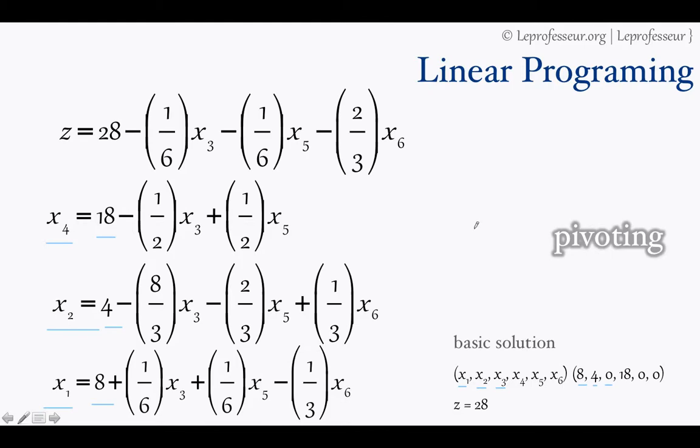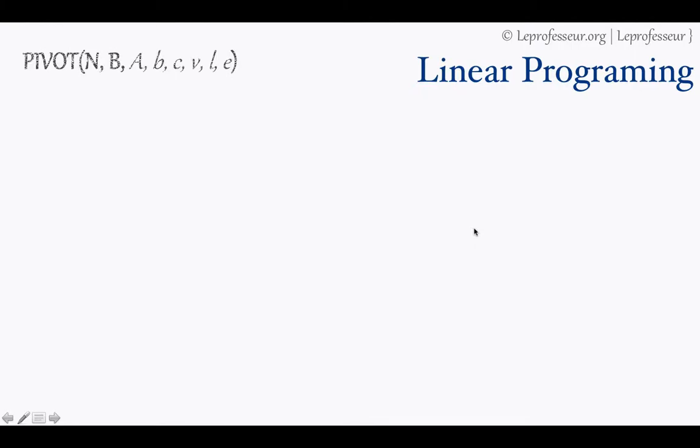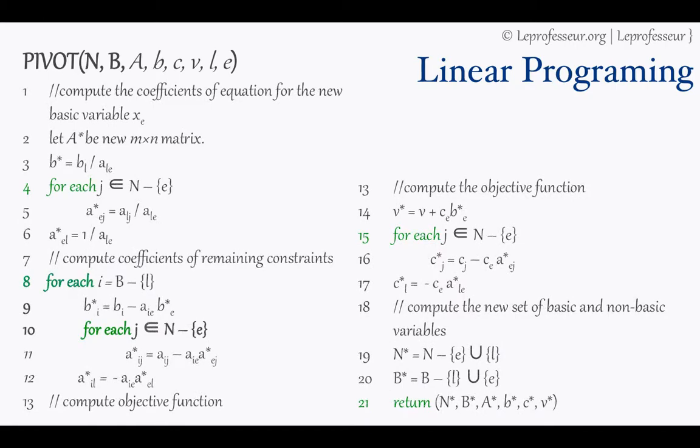Now let's talk about the algorithm. The pivoting step is important, and once we have that pivot step solved, we can use that subroutine for pivoting in our simplex algorithm. So let's talk about pivoting. Very simple. What we did so far, this algorithm is doing the same thing: first compute the coefficients of the equation for the new basic variable.